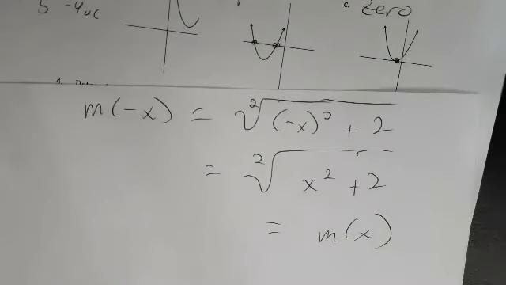I could be wrong. This is kind of an odd combination. I think it would still be symmetric because you still have minus x, and the minus would still get squared.